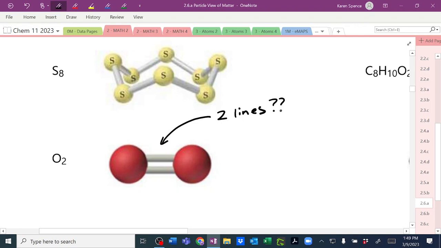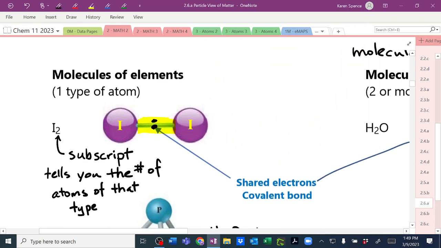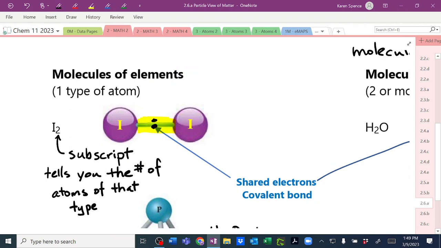Compare that with iodine, which just had a single line. Iodine was down there and it was sharing 2 electrons, 1 pair of shared electrons.